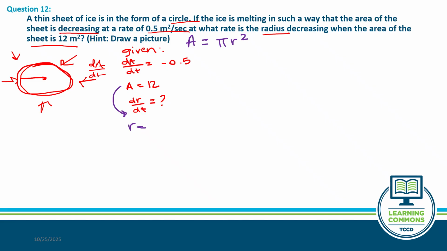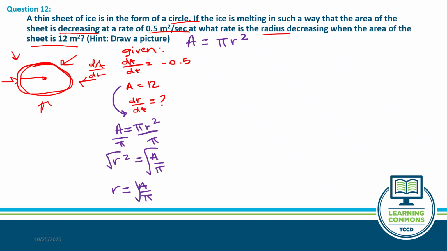I need to find r. So if I want r by itself, I'm going to divide by pi. That gives me r squared equals A over pi, and then take the square root. So r equals the square root of A over pi.